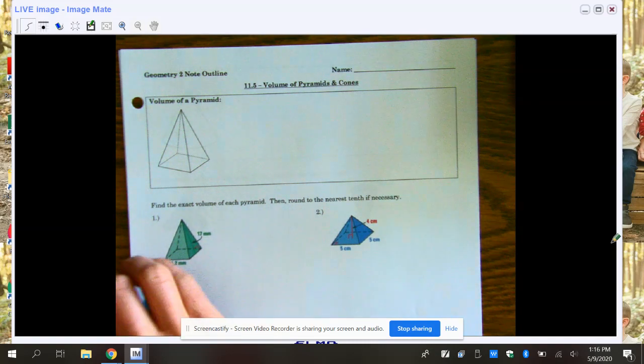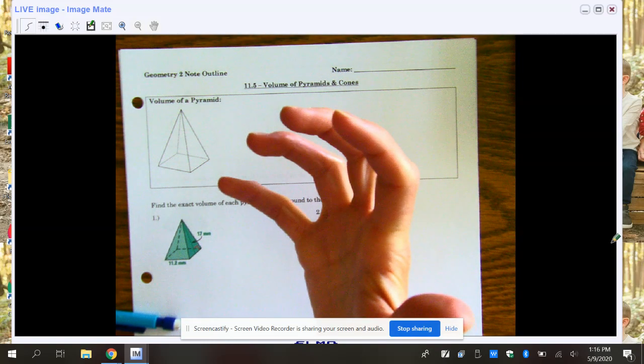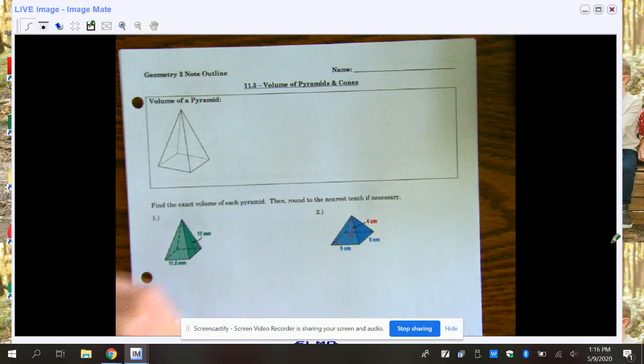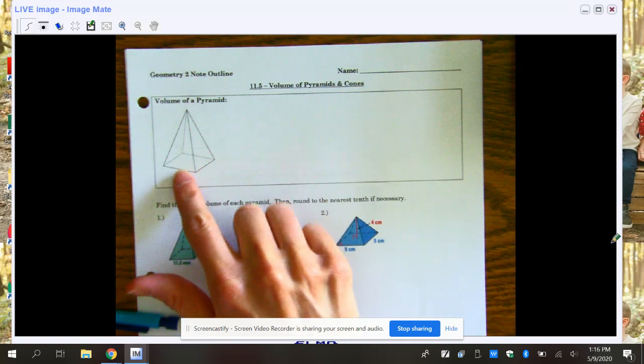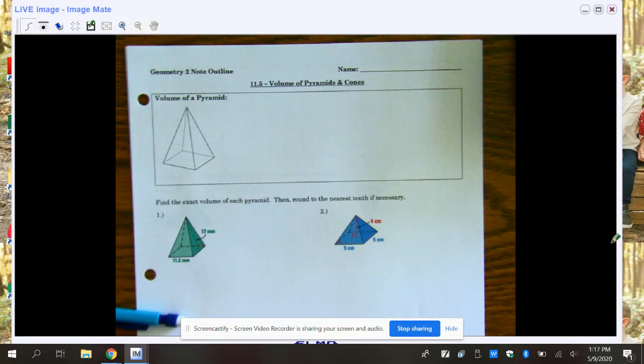To find the volume of a pyramid and a cone, we want to think about those similar counterparts. A pyramid is more related to a prism because the base is either a rectangle or a triangle or something like that.